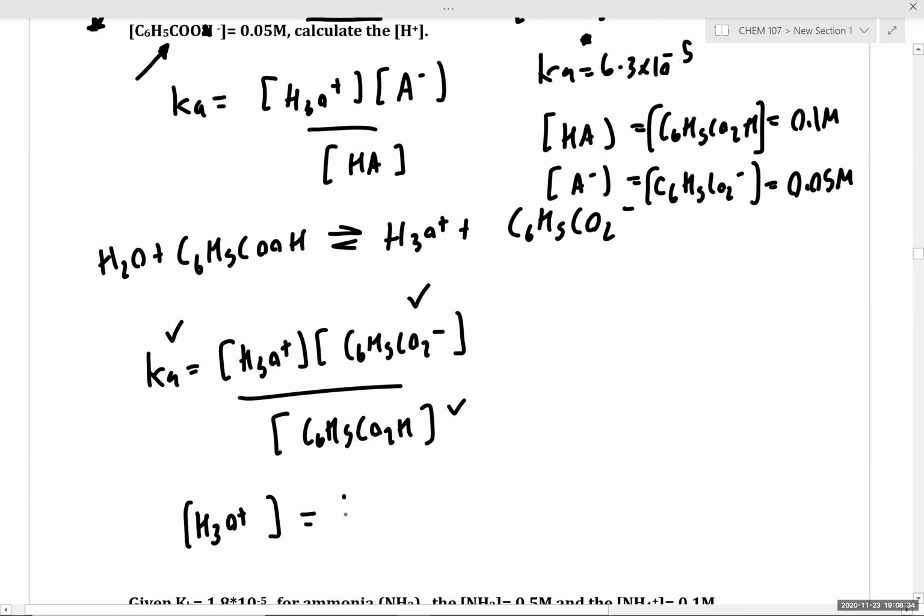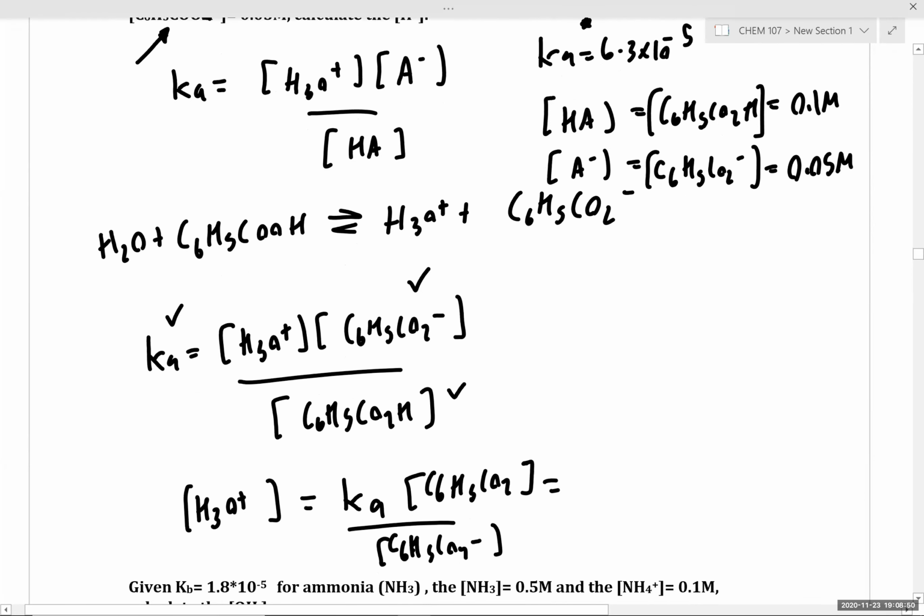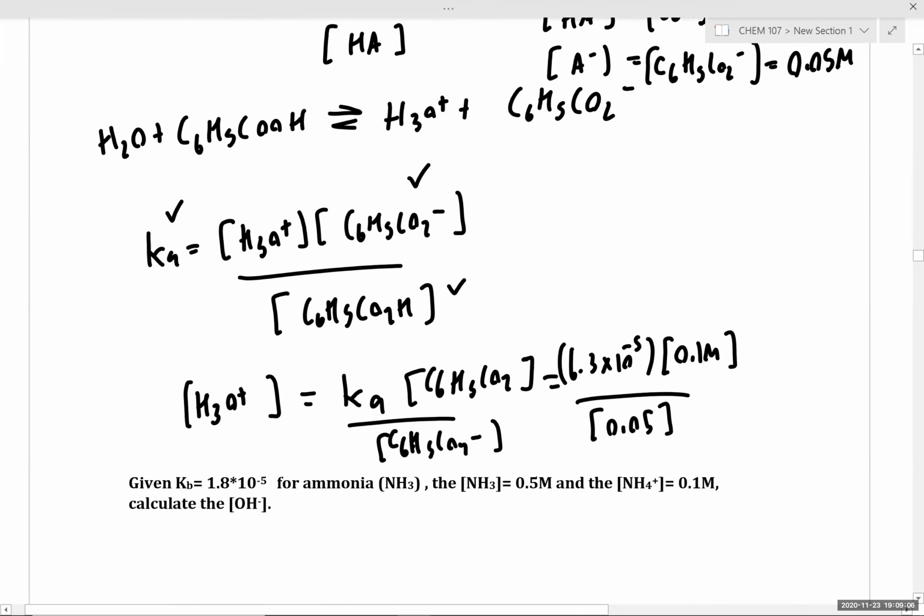The concentration of H3O plus is equal to Ka times the concentration of C6H5CO2H over the concentration of C6H5CO2 minus. Our Ka value is 6.3 times 10 to the negative fifth, our parent acid is 0.1 molar, and our conjugate base is 0.05 molar.